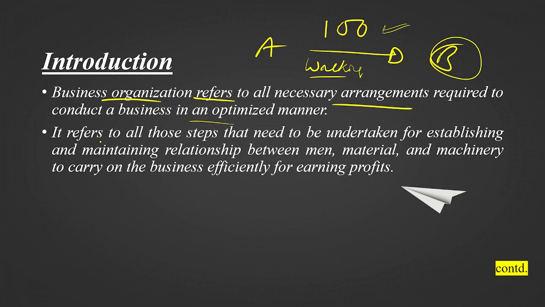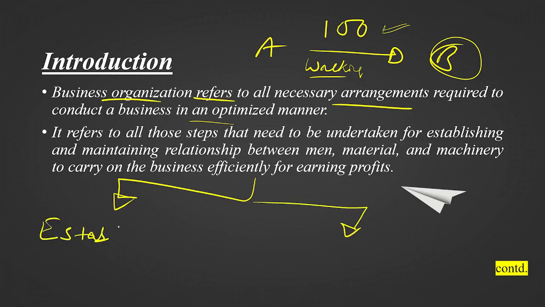Okay? So it refers to all the steps that you need to take for establishing and maintaining the business. What is very important here is that there are two things you should know. Establishing is the first step, but more important is execution or maintaining the business.